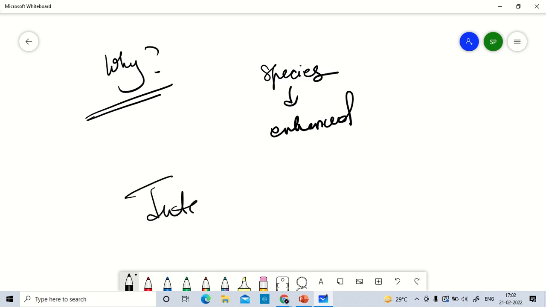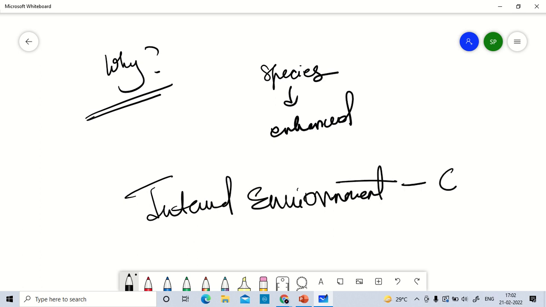Okay, this internal environment is constant. Isn't it like that? Why should we at all change this process? This process of maintaining a constant internal environment despite varying external environmental conditions is known as homeostasis.